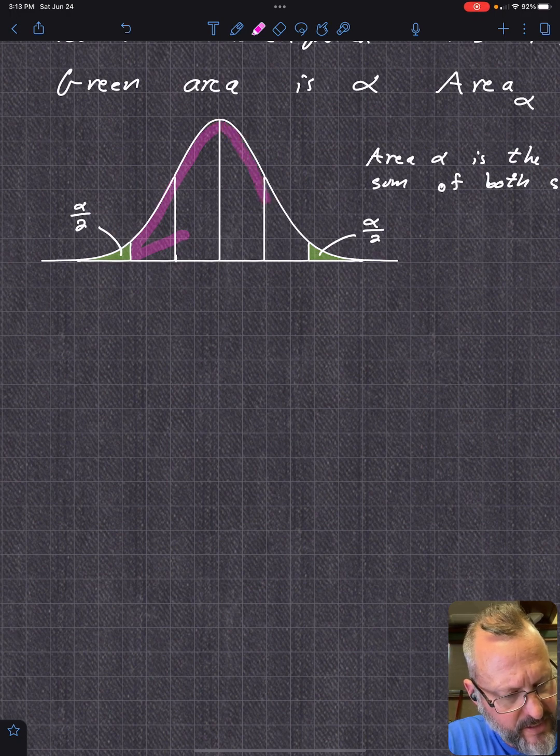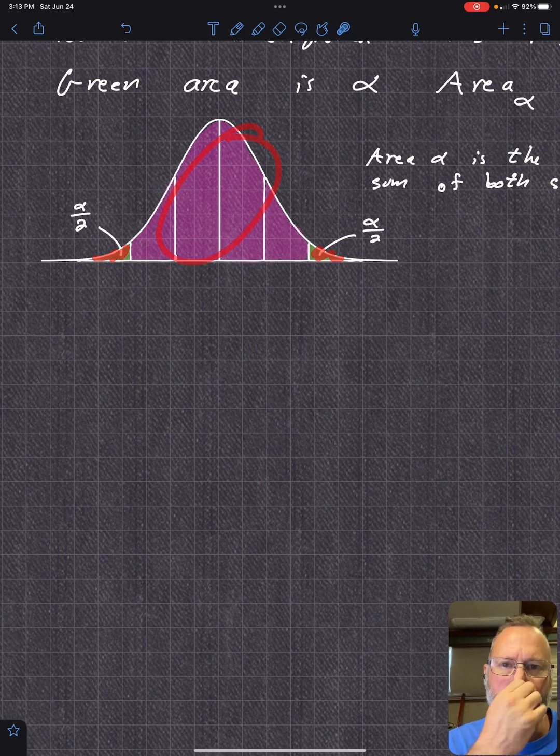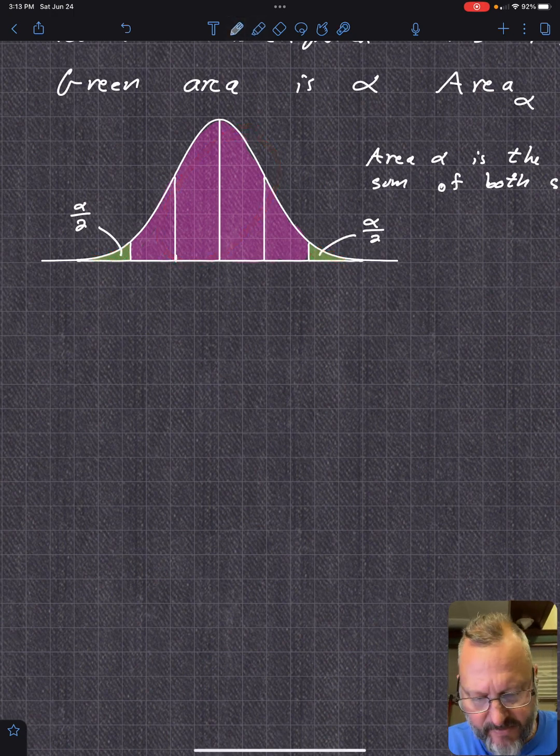So if the green is alpha, what does all that region have to represent? Algebraically, you write, because the whole thing is 1, right? The whole entire area under the curve is 1, and we're getting rid of each of these sides, here and here. So this area must be 1 minus alpha.